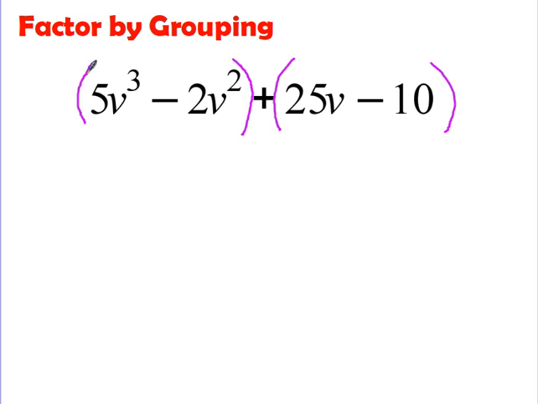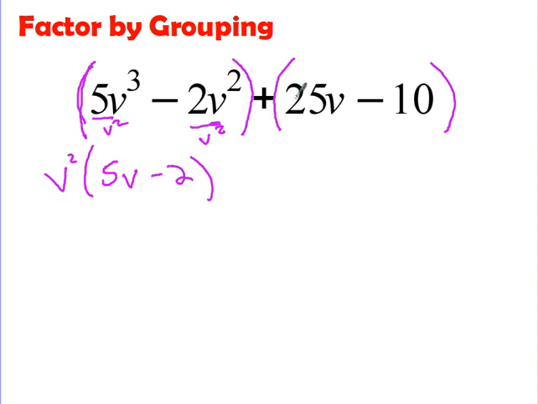Okay, so now that I'm looking at this group right here, I'm going to say, well, hey, does 5v cubed minus 2v squared have a common factor? And they have the v squared. So I'm factoring out my v squared from 5v cubed minus 2v squared. That's still going to leave me with 5v minus 2.